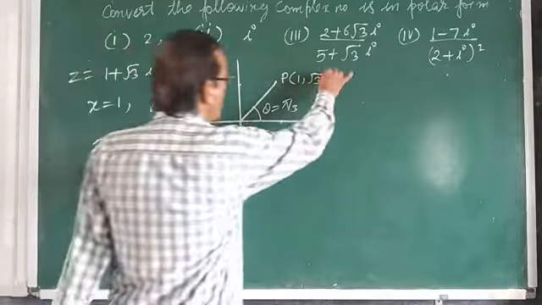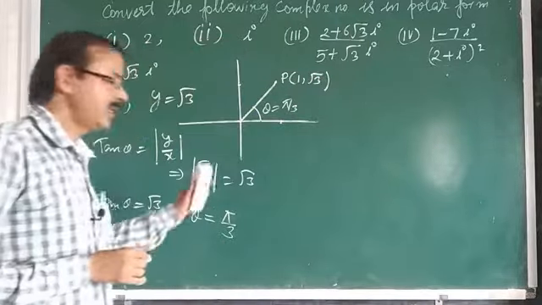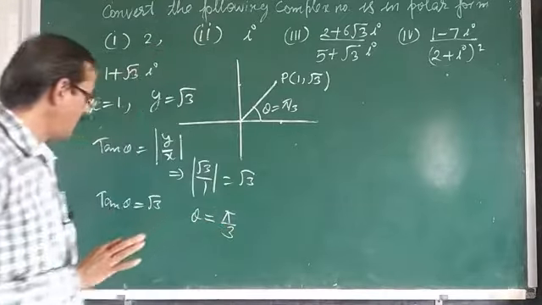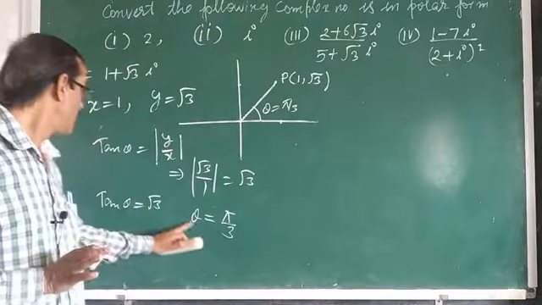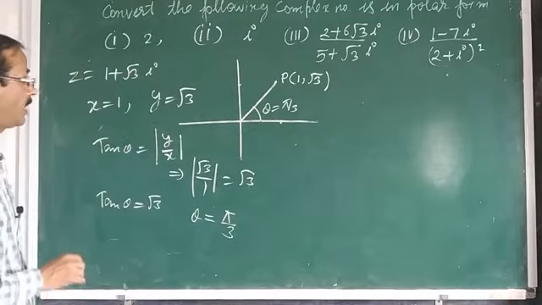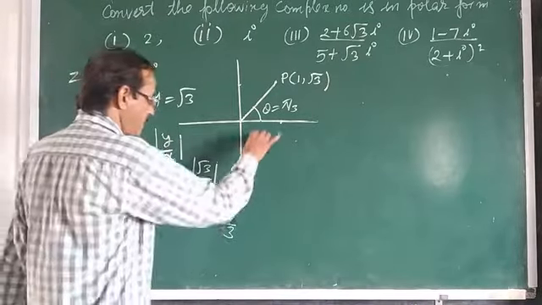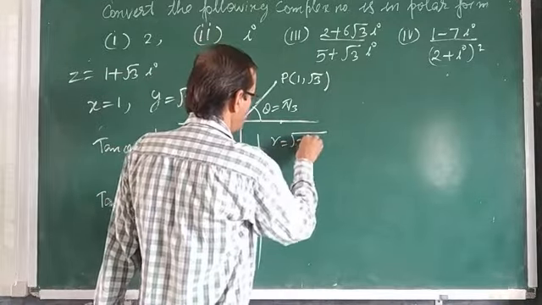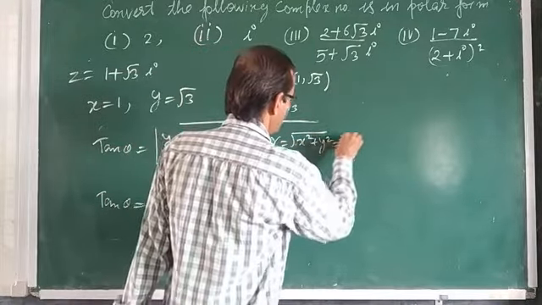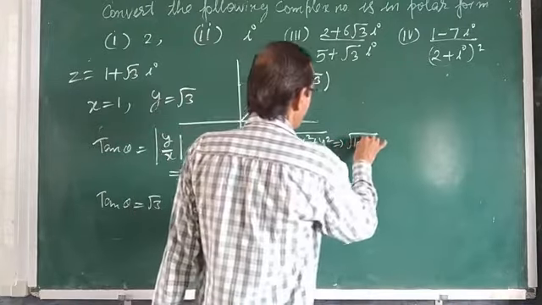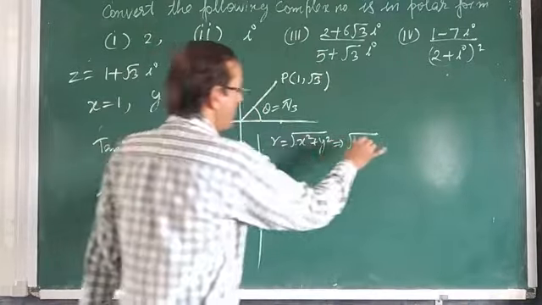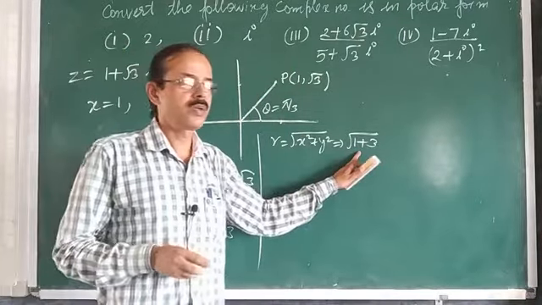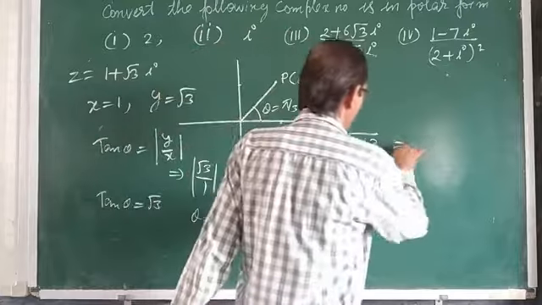Now we have to represent in polar form. We got the argument of the complex number. We need r, so let's find r. r is equal to root of x square plus y square, that is root of 1 plus root 3 square. What will be 3, and 3 plus 1 is 4, root 4 is equal to 2.